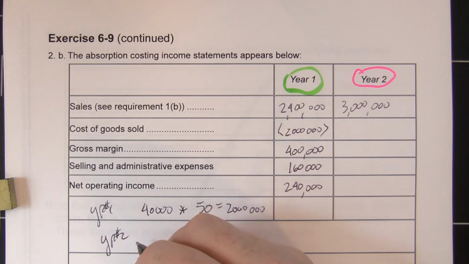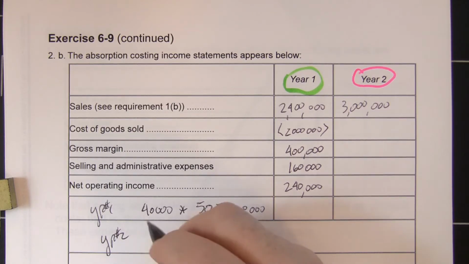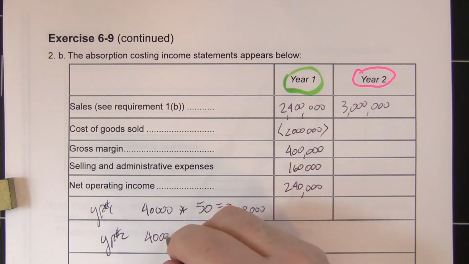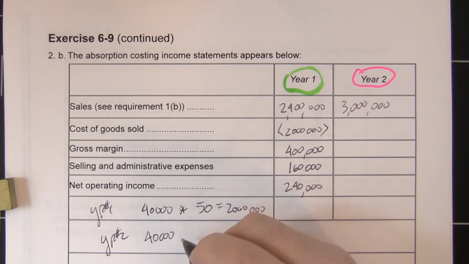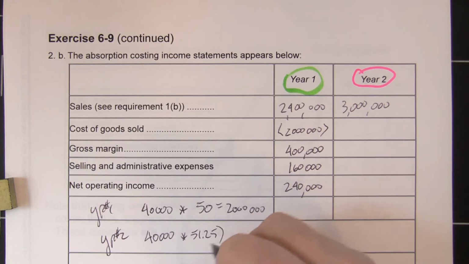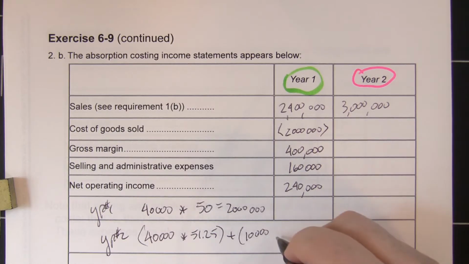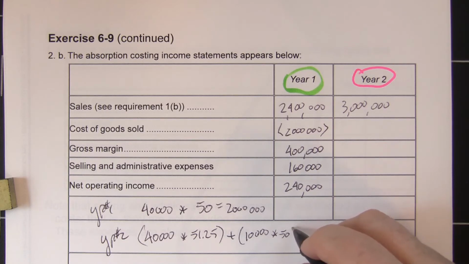Okay. So we sold the 40,000 that we made at $51.25. Plus, remember, we sold 10,000 that we made at $50.